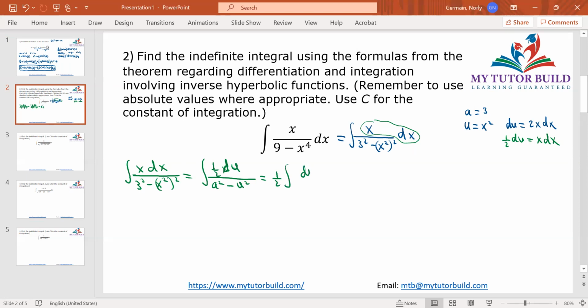So it would give us 1/2 times the integral of du over a squared minus u squared.